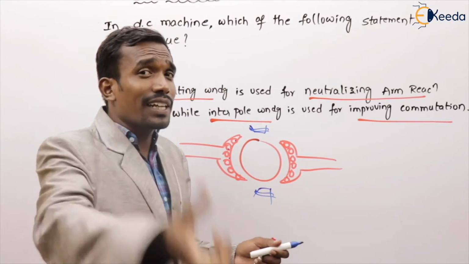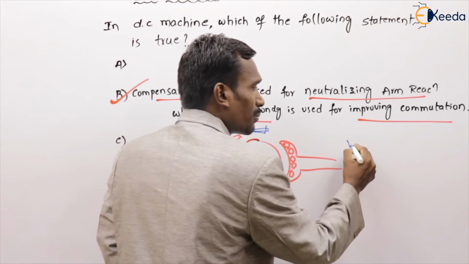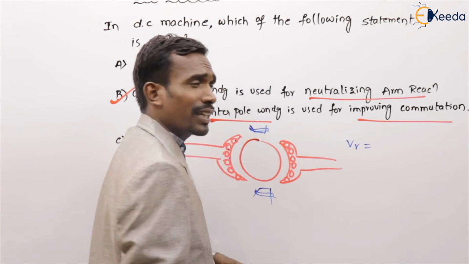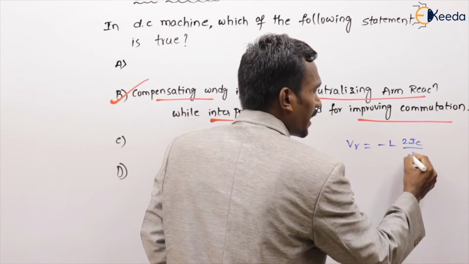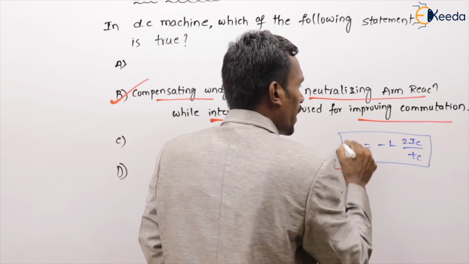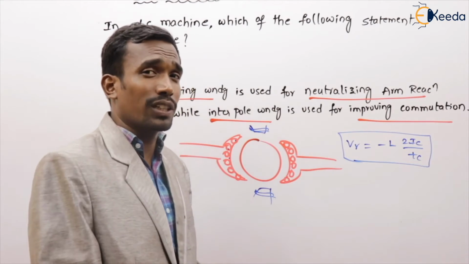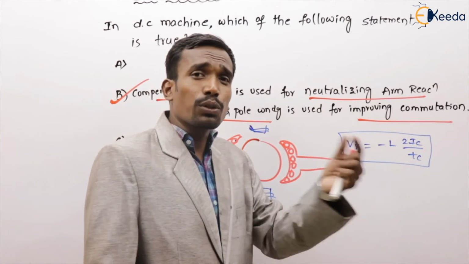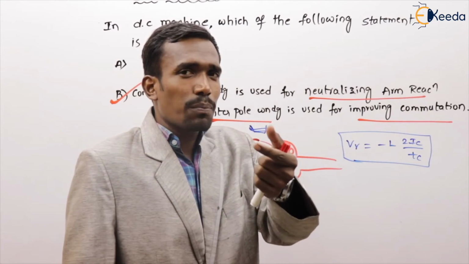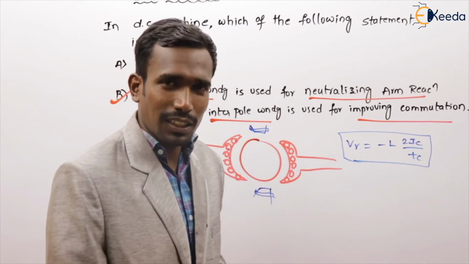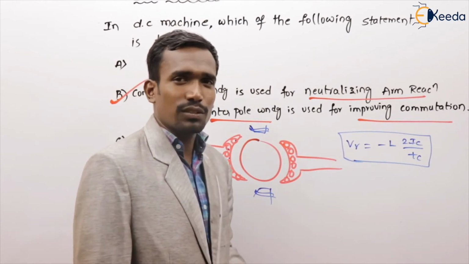You know the formula: reactance voltage VR is equal to minus L into 2Ic by Tc. The reactance voltage produces sparking at the brushes, at the commutator segments.